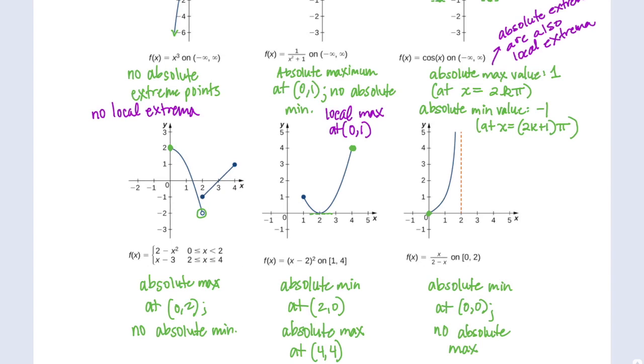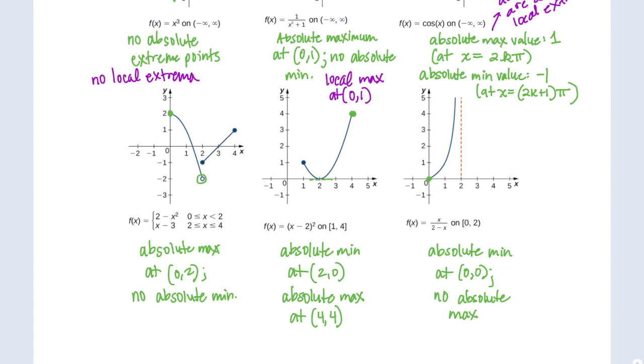The fourth one is more interesting because even though there's an absolute max at 0, 2, there's not a local max there because there are no points to the left of 0, 2. So I can't say that there's an open interval that contains that point on which this point is higher than all the other points in the interval because there's nothing over here to compare with.